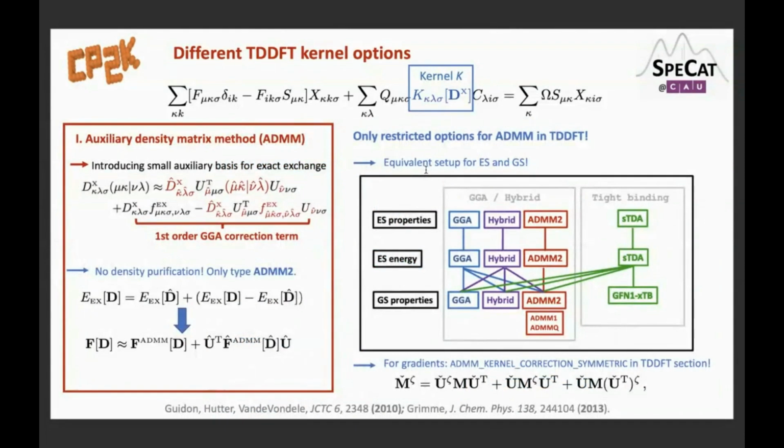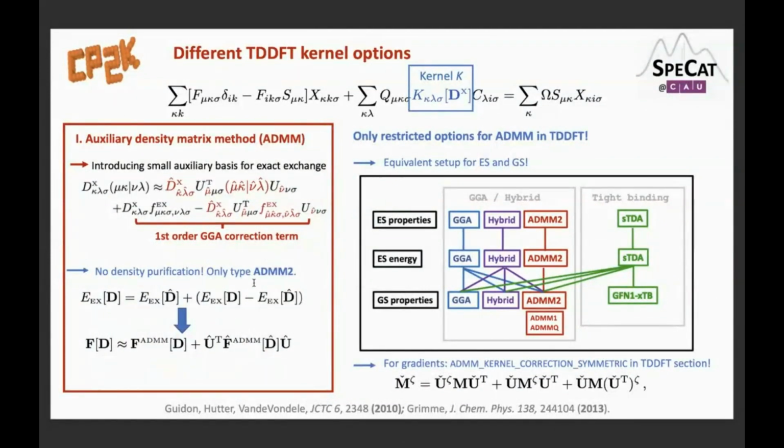So if you're choosing this full kernel, I think Matt has already given a lot of instructions that within ADMM, we are not computing exact exchange in the large primary orbital basis, but in this auxiliary orbital basis. And we have different approximations here, with the simplest computing the Kohn-Sham matrix in a very approximate fashion, not including correction terms.